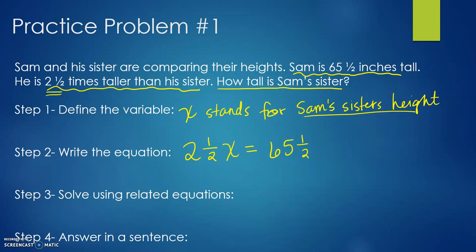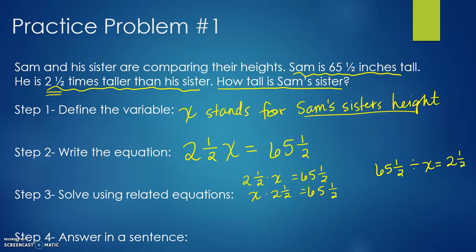To solve with related equations, let's list those real quick. 2.5 times x gives us 65.5. We can switch these and say also you could do x times 2.5. Remember that we can also change this to division by taking the whole, 65.5, and dividing it by x to give us 2.5.